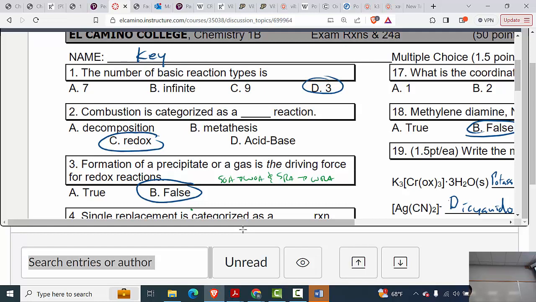And since we count it funny, the oxidation states don't change when it's counted in the way we count it. And so the only type of reaction where we see an oxidation state change is for redox. In combustion reactions, the oxidation states do change. For example, oxygen O2 is 0, but oxygen in CO2 and oxygen in water are -2. Okay, so combustion is categorized as a redox reaction.